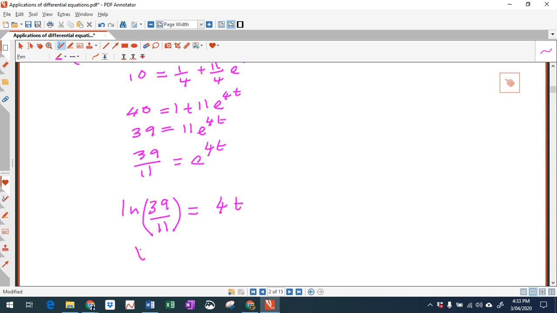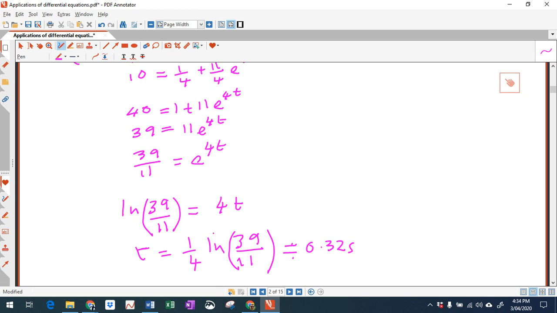So then we get t is equal to 1 quarter log 39 on 11, and that is approximately equal to 0.32 seconds. So that's that first question done.